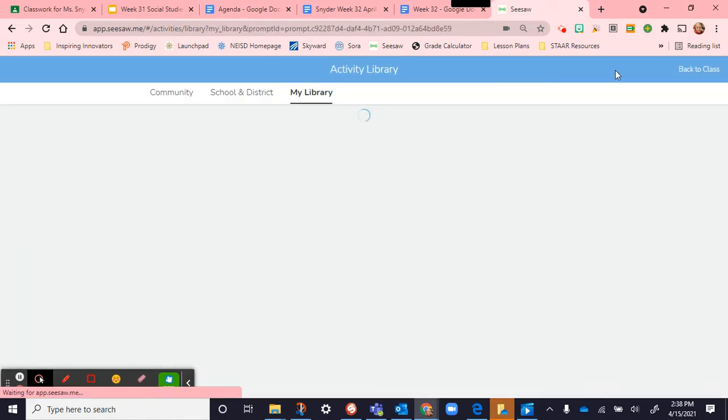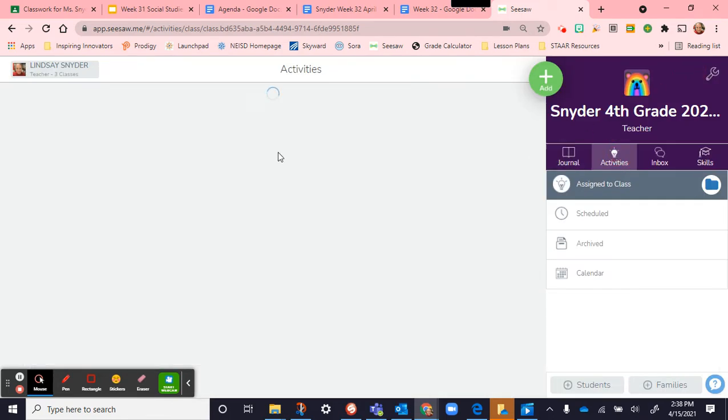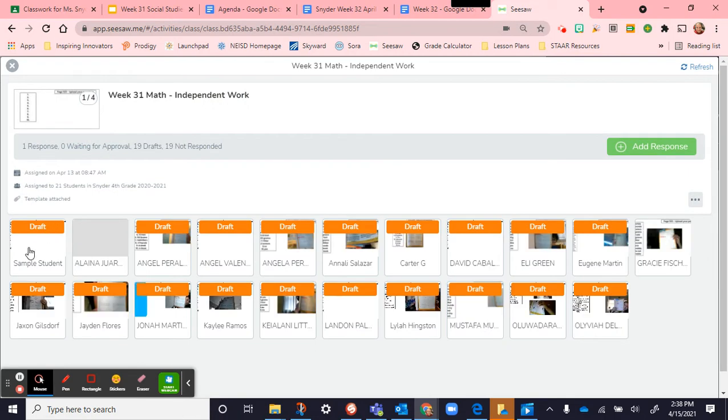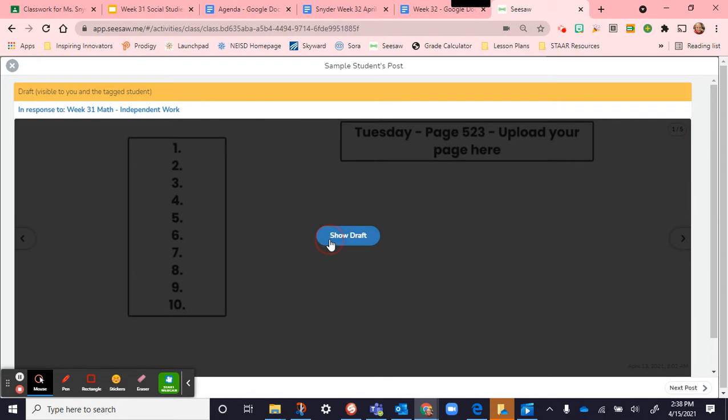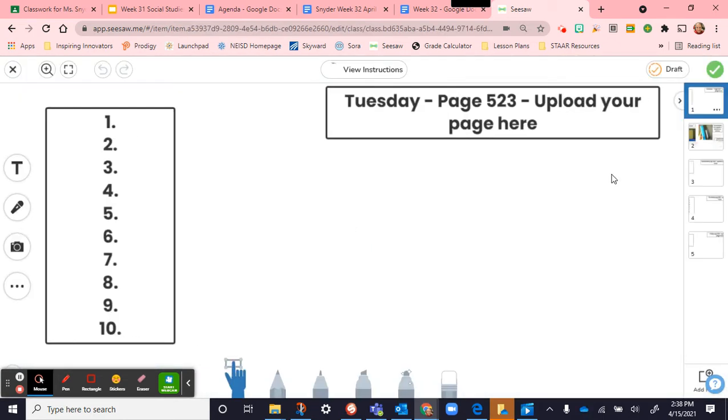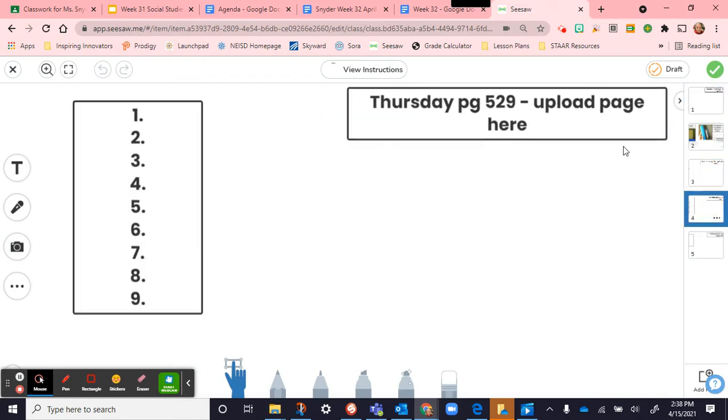Save that. All right, so in Seesaw, in your activities, week 31 math, go down to Thursday.